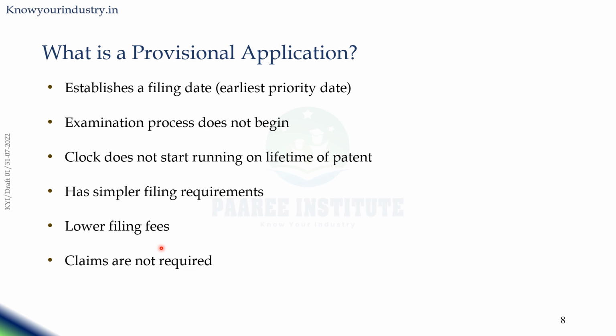It is inexpensive and fewer resources are required to prepare it, since a patent specification can also be prepared by the inventor himself or herself. And claims are not required. And we have 12 months to generate experimental data.